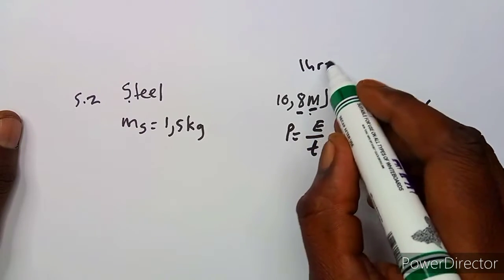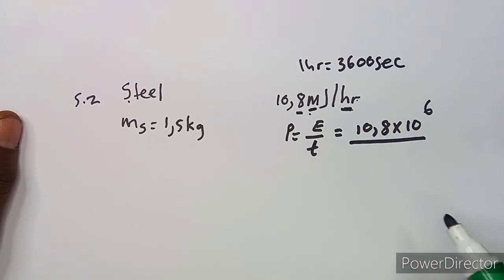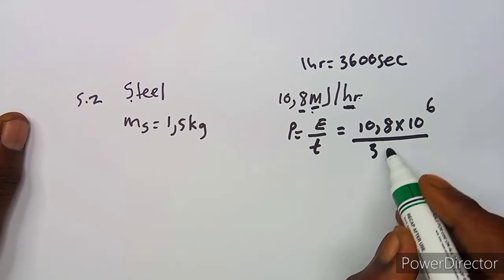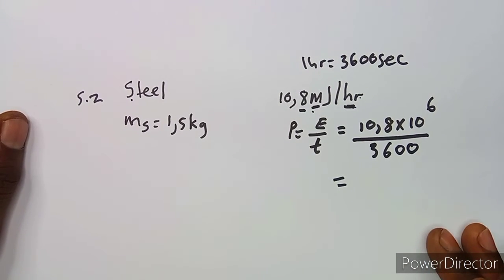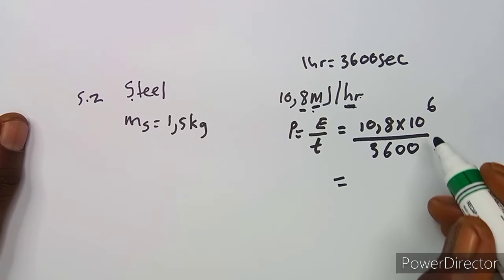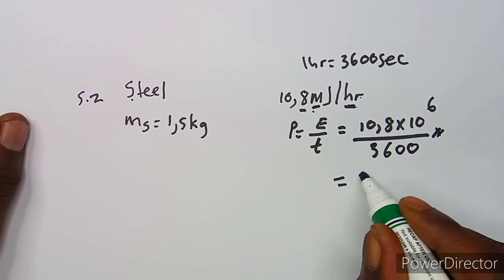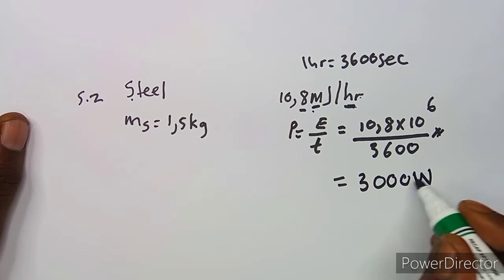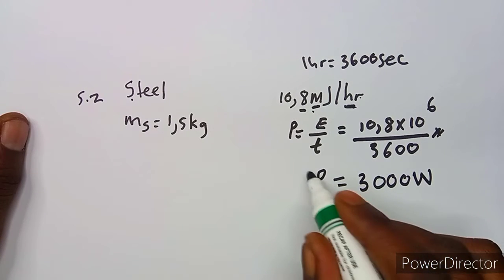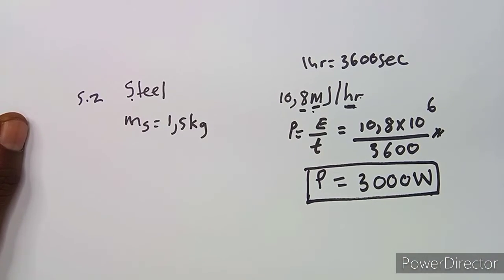Remember that 1 hour is 3,600 seconds, since the time is supposed to be in seconds. Using your calculator properly, you are going to obtain 3,000 watts. This is the power being used, and we will talk about this later on.